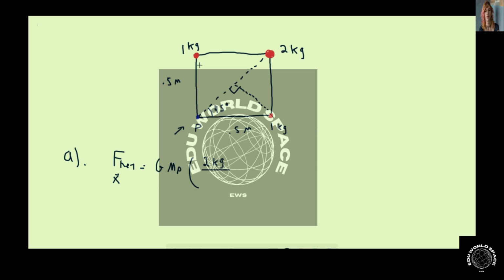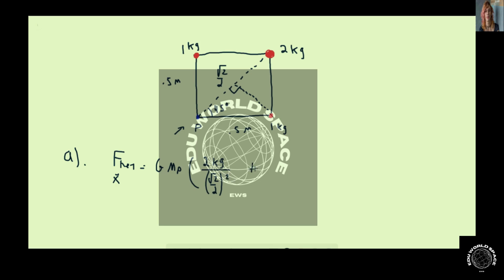This square is half a meter on each side, so with the Pythagorean theorem we can see that this long diagonal distance is just √2/2. We're just doing 0.5 squared plus 0.5 squared, the square root of that. So we have √2/2, that whole thing squared.